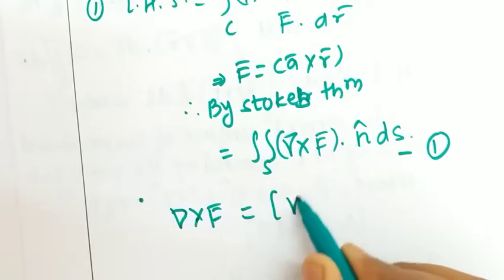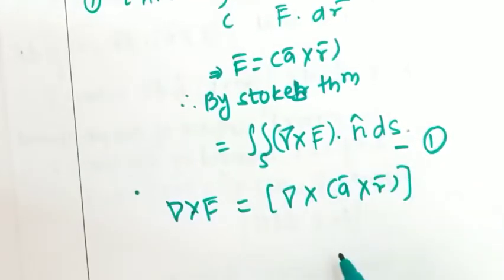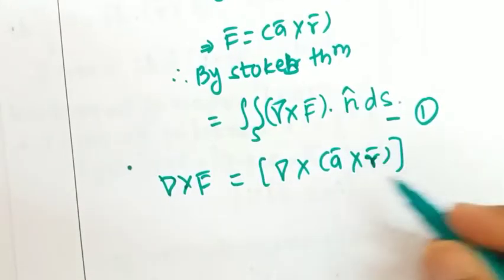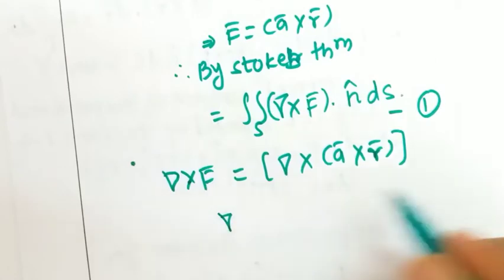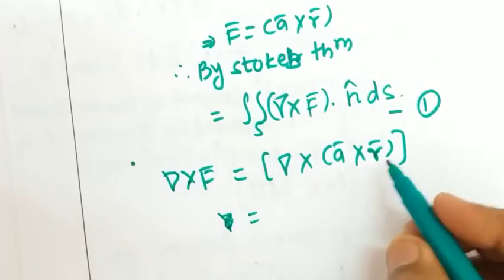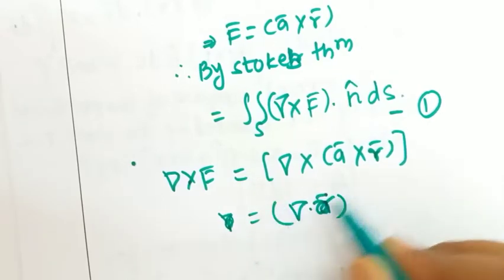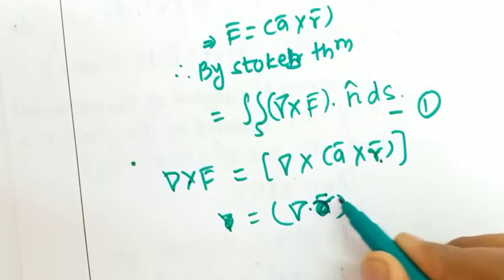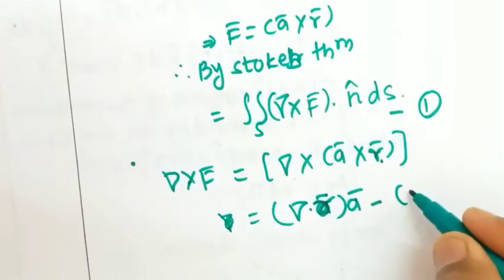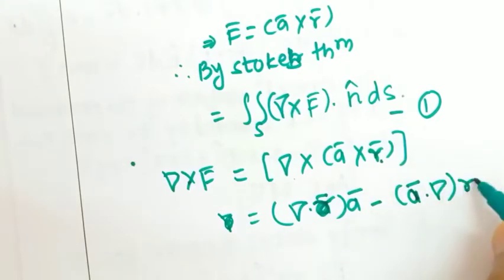Del cross f bar is del cross a bar cross r bar. Now for this we are going to use the identities. This type of identity we have for del cross u bar cross v bar; that identity we are going to use. By that identity, this is equal to del dot r bar into a bar minus a bar dot del into r bar.